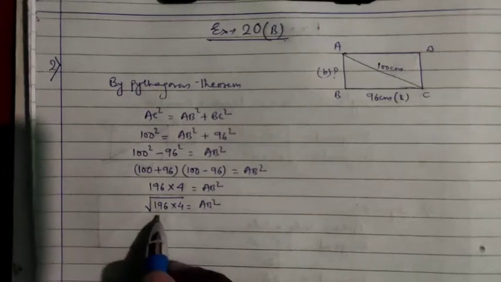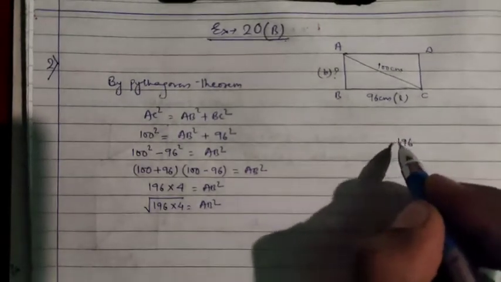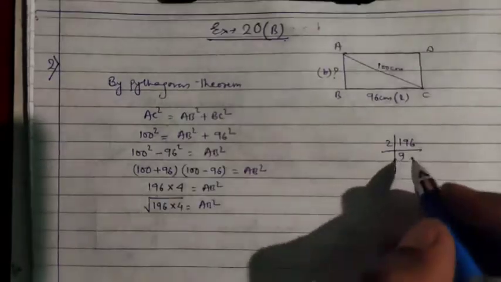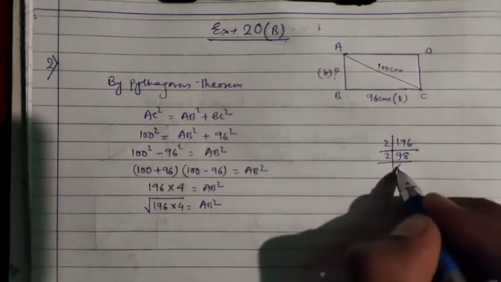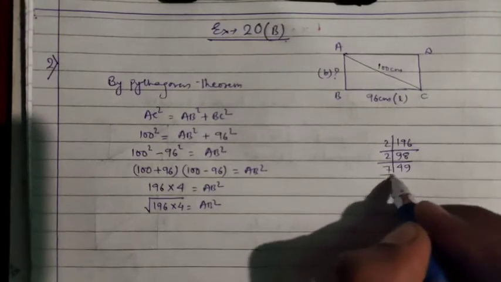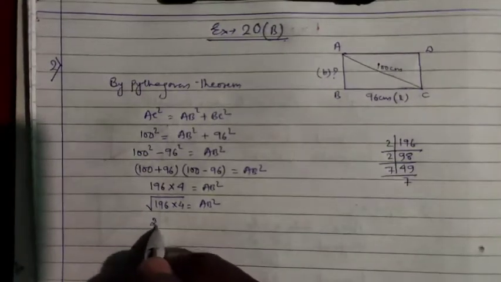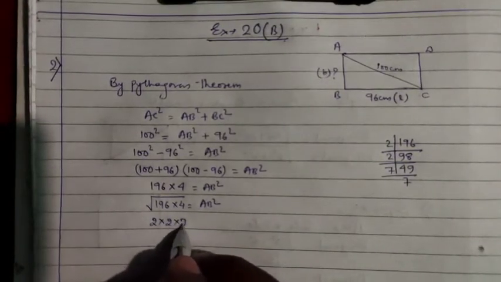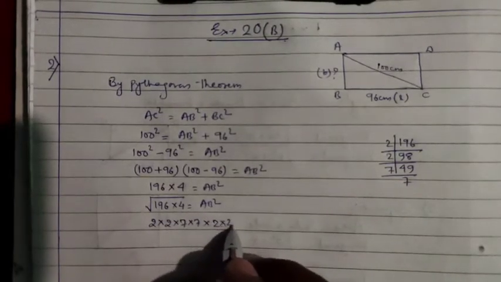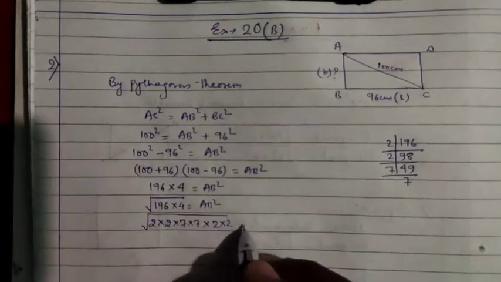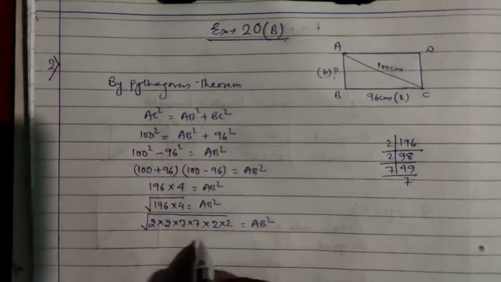Now we will make the factors. Factors of 196: in place of 196 we can write 2 into 2 into 7 into 7, and in place of 4 we can write 2 into 2, for making pairs so that we can calculate the square root.